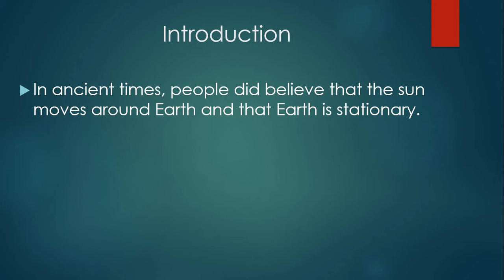You know, students, in ancient time, people believed that the sun moved around the earth and that the earth is stationary. That means it doesn't move.